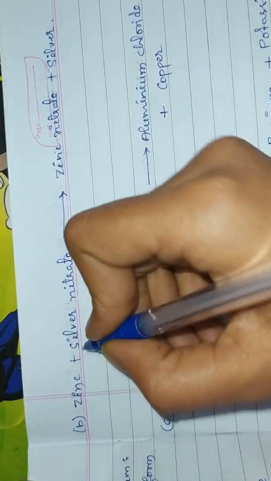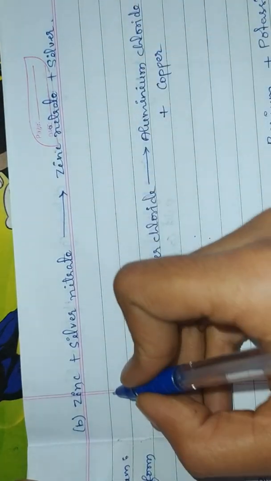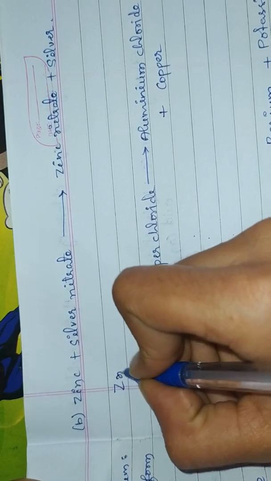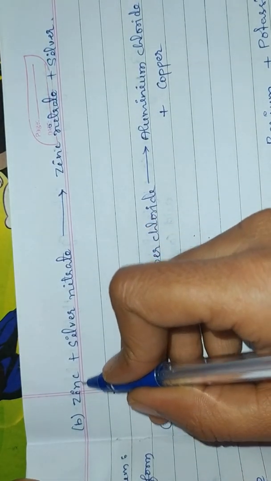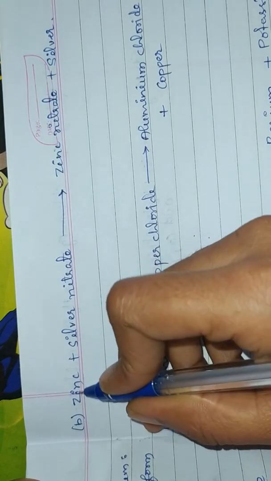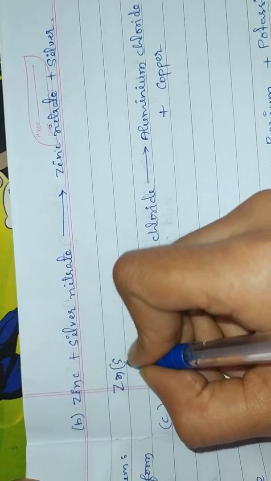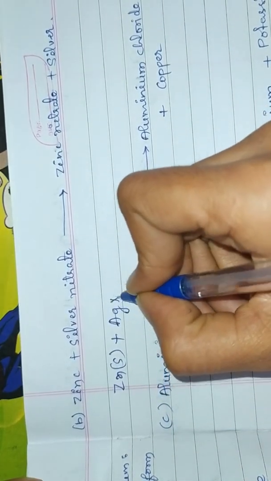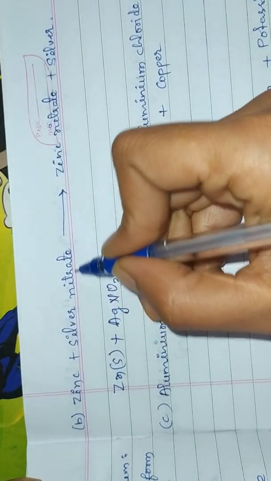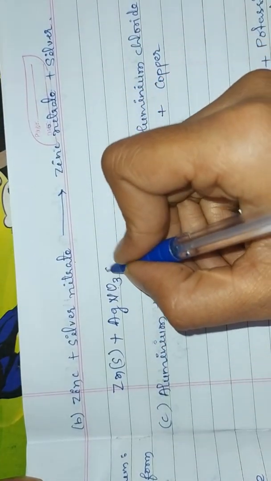this: zinc plus silver nitrate gives zinc nitrate plus silver. Okay. Zn is the chemical symbol of this zinc metal. So it is a metal. It is a solid. It reacts with the silver nitrate. Chemical formula of silver nitrate is AgNO3. It is a solution.